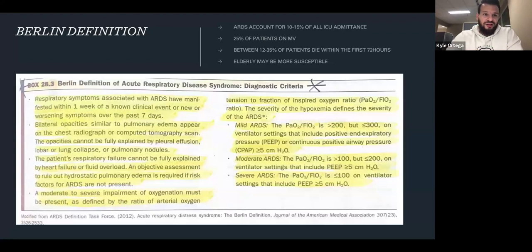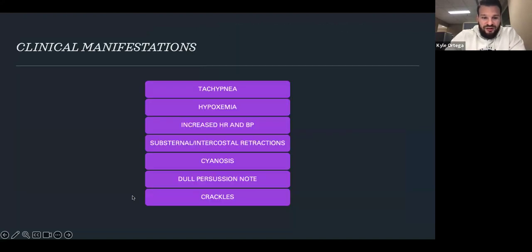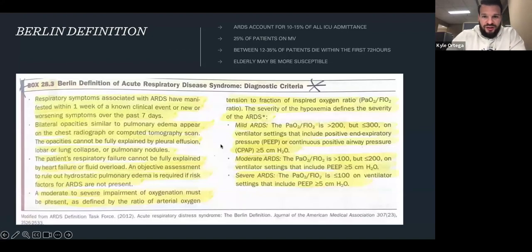Bullet point one talks about the timing, what you see on the chest X-ray, details about their respiratory failure, and then of course their oxygenation, which we're used to seeing, with mild, moderate, and severe ARDS being a ratio of less than or equal to 100, which includes PEEP. So according to the Berlin definition, to be diagnosed as ARDS, it has to hit all these bullet points.